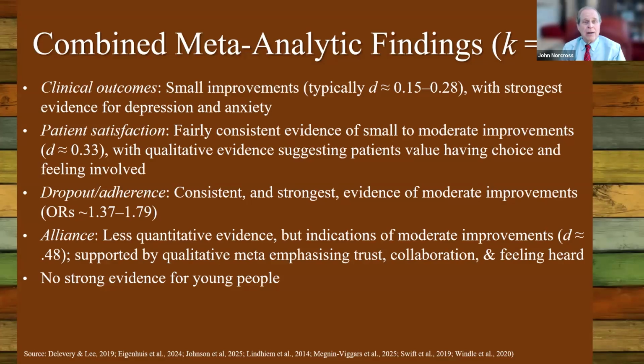As I said earlier, you reduce dropout by almost half. There's less quantitative evidence specifically about enhancing the alliance, but there is indeed supportive evidence. And I should underscore, virtually all of this research evidence is based on adults. There's no strong evidence yet for this with young people, but by introducing the U-PIC measure, I suspect that will be coming in due course.